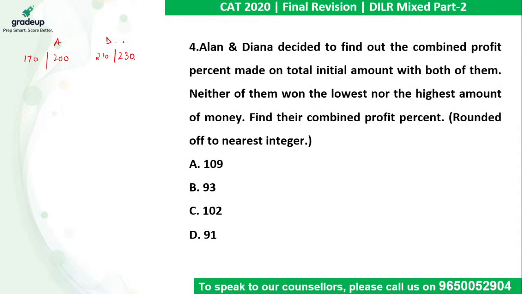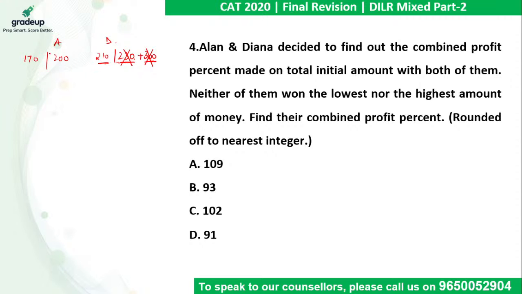All right. So then he says neither of them won the lowest nor the highest amount of money. So I already know that with 230 the combination was of highest amount of money, which is 300. If D has not won 300, it means initially with D it was not 230, it must be 210.